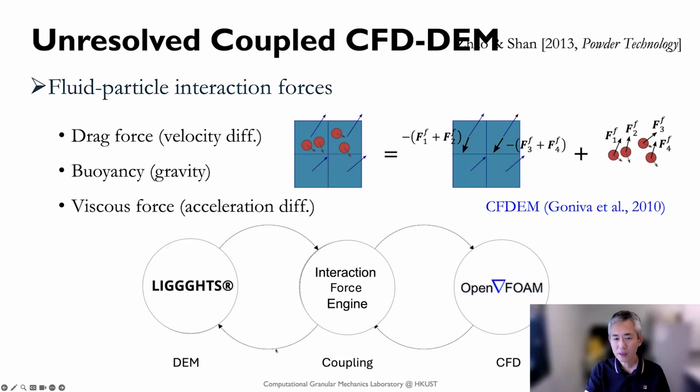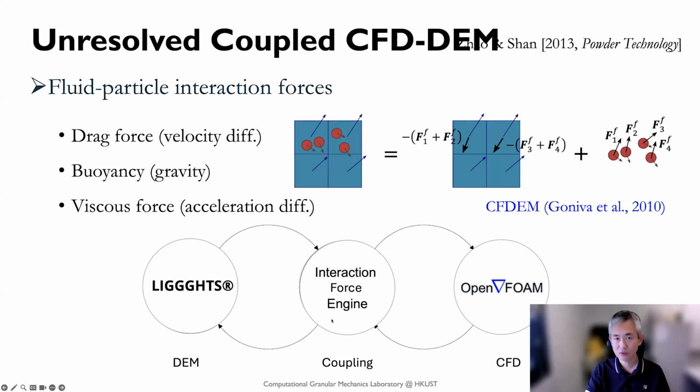And then we use the coupling of DEM and CFD, using OpenFOAM to solve the CFD part, and then we use LAMMPS to solve the particle motion, and we use CFD-DEM as a coupling engine to exchange these interaction forces here.